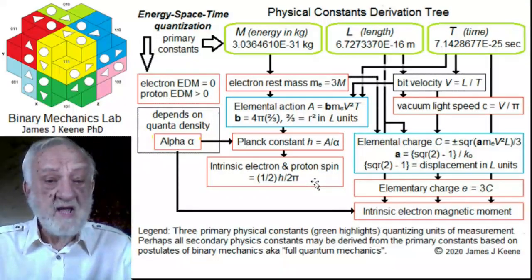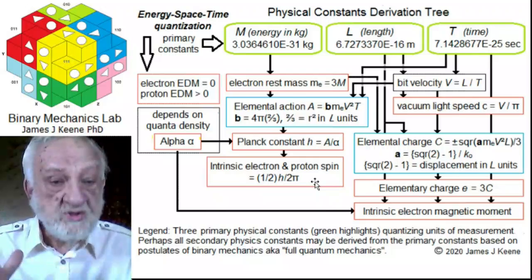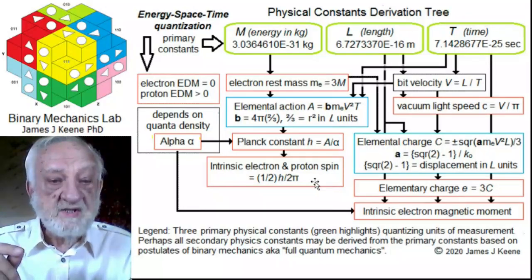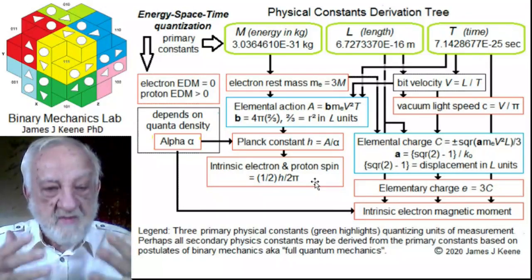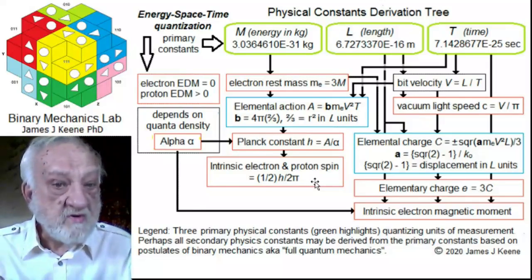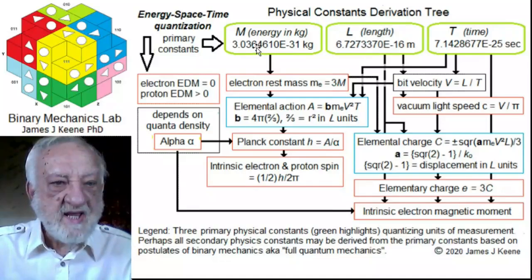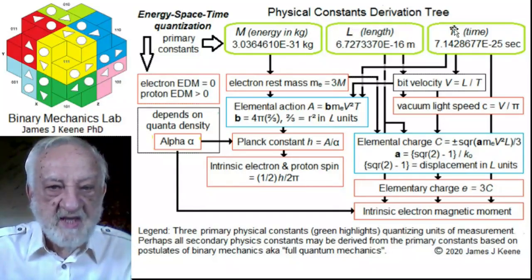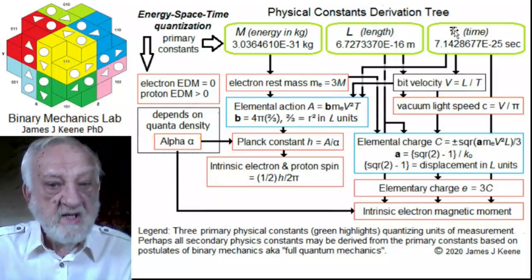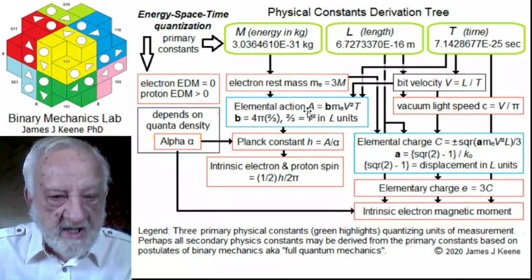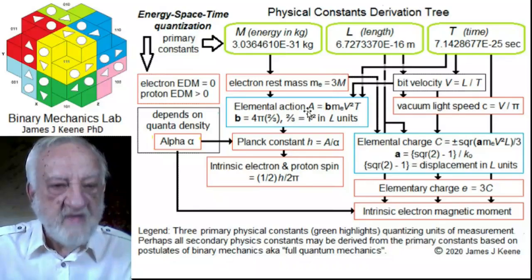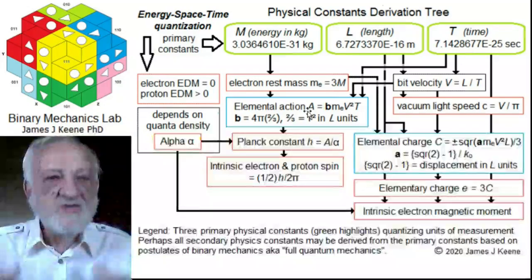Prior to binary mechanics, it was not understood why these quantities had the particular measured values that were observed. However, if the quantities for energy, length, and time are correct, we should be able to calculate what the measured observed values are, and that should all agree.